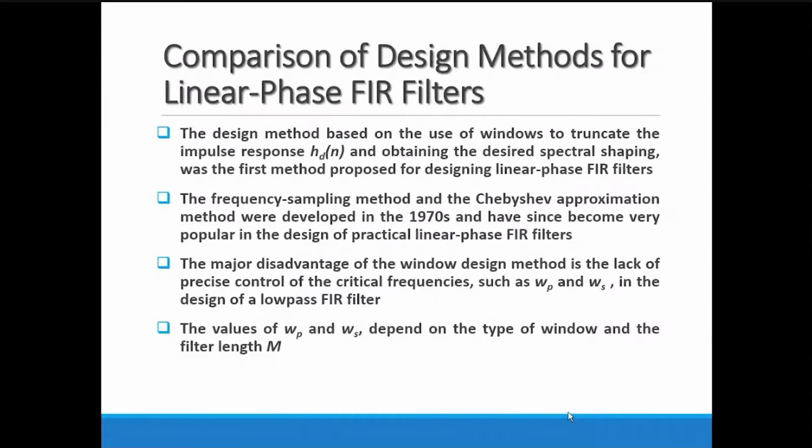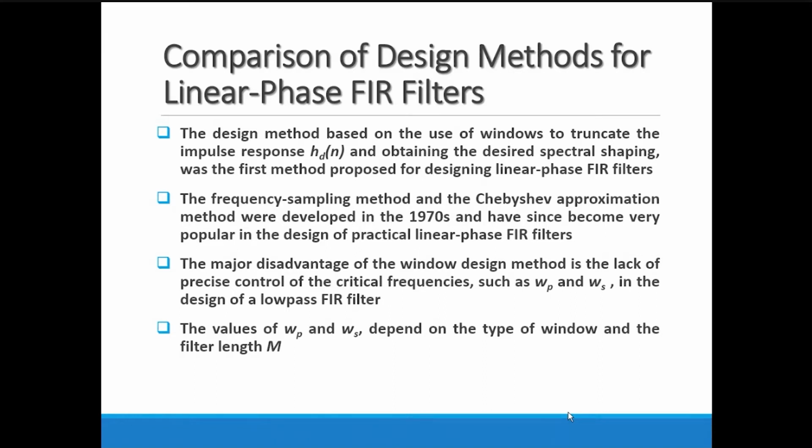So the main thing about the Chebyshev approximation is, instead of getting the error between our desired response and our actual response, these filters are designed in such a way that the error is equally distributed between passband and stopband ripples. So your average error will be reduced.